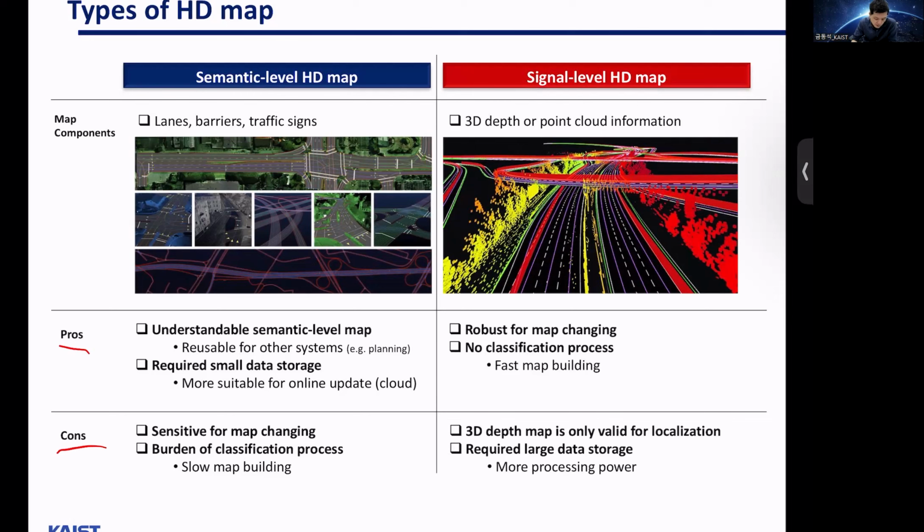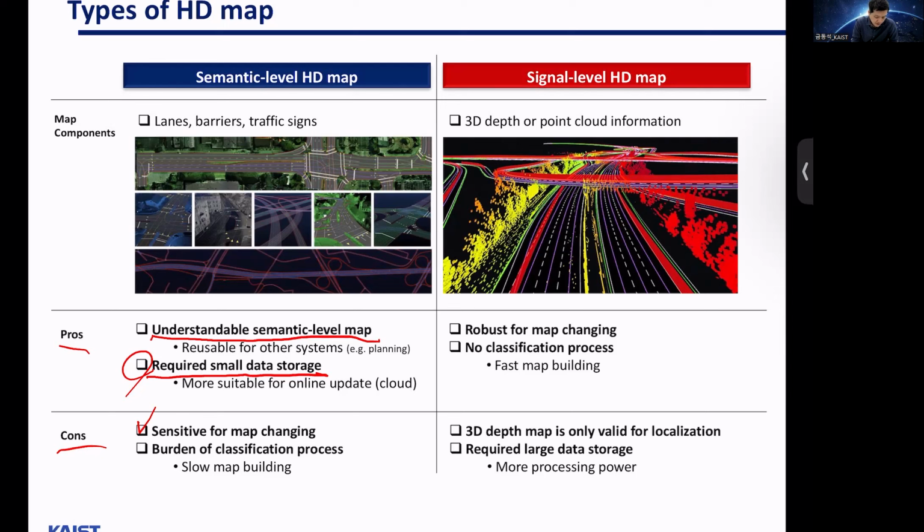There are advantages and disadvantages. Semantic level map is understandable because it's semantic information and requires a small data storage, which is actually quite important when it comes to keeping this map up to date online. But the downside is it becomes sensitive to map changing.